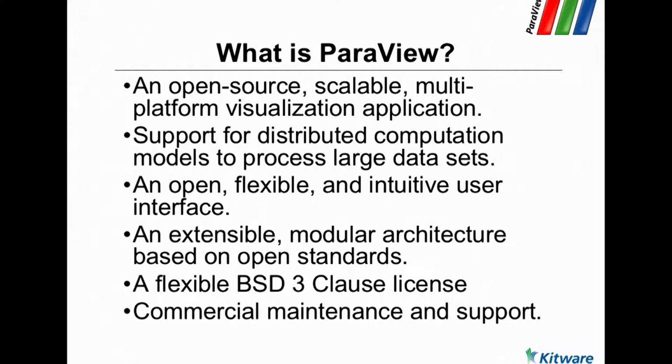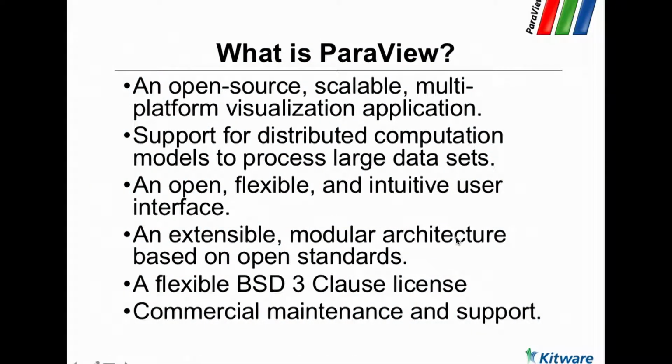The source code is freely available, but the difference between BSD and GPL is that even commercial companies can take the source code and build their own commercial products with it without worrying about licensing issues. That's important because we have a lot of commercial companies that collaborate with us, and they don't want to worry about licensing issues. At Kitware, we offer commercial maintenance and support.